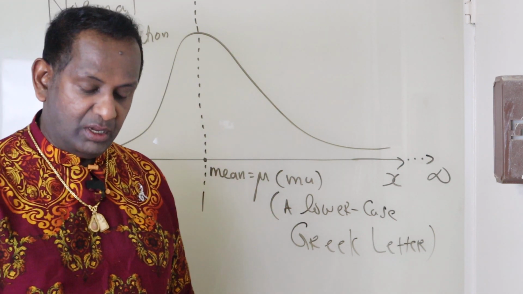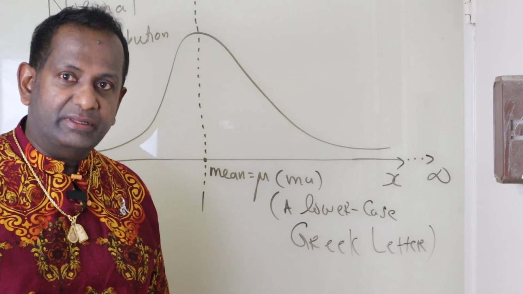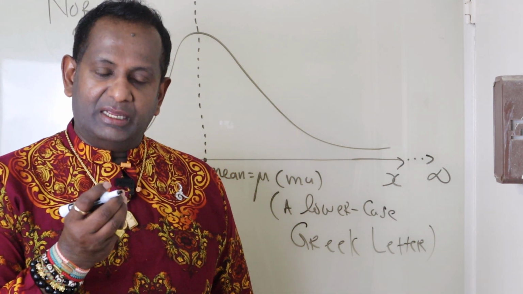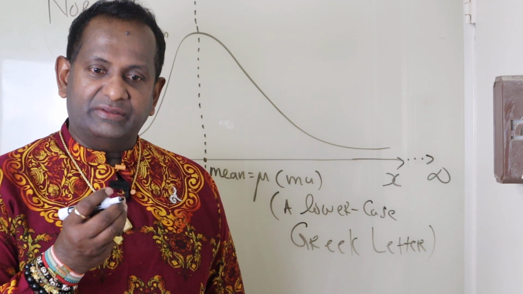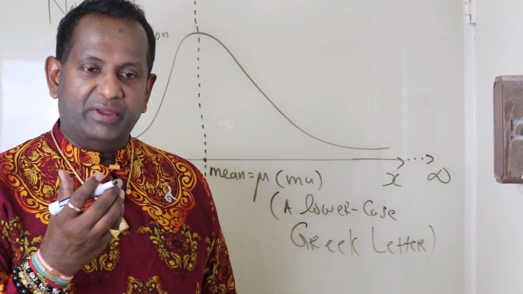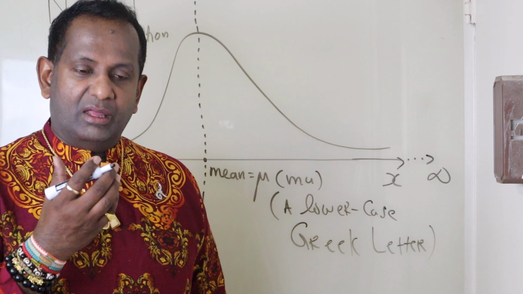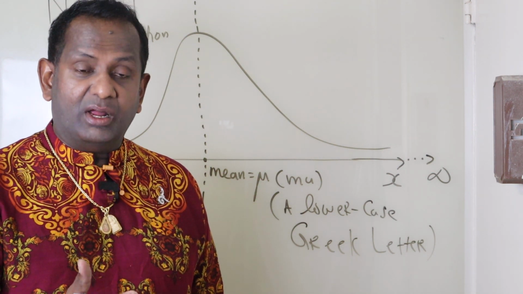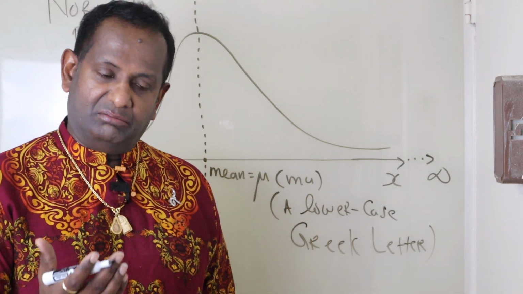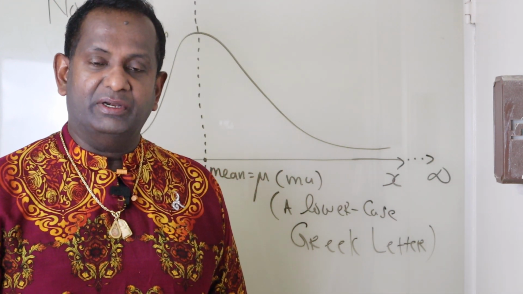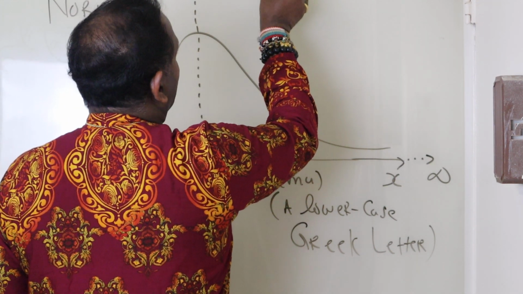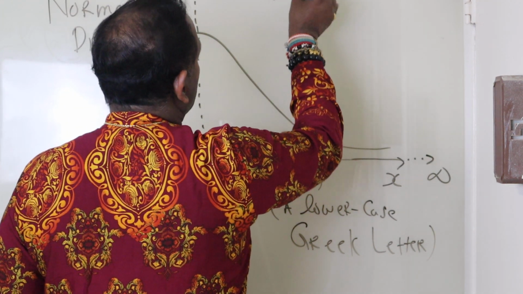How does a regular function become a probability density function? The area under the curve is always 1. If you have any function whose area under the curve over its domain is 1, that function becomes a probability density function. So I'm going to call this a probability density function for sure.